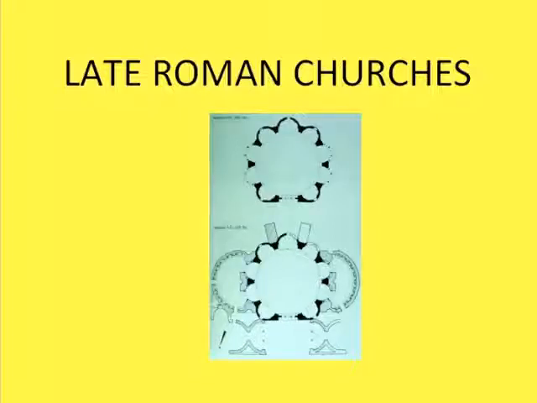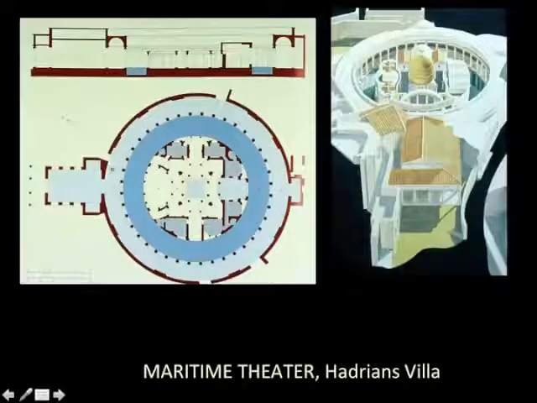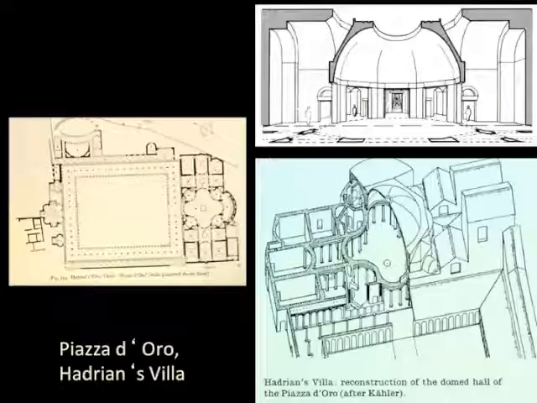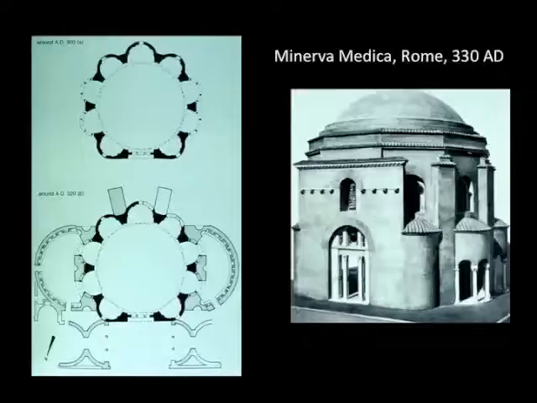And already when we looked at the Villa of Hadrian in Tivoli, we saw the simple types of temple or tholos becoming intricate, becoming implicated by interpenetrations of other volumes and other objects. And that certainly becomes the case as we move forward in the Roman Empire. This is the Church of Minerva Medica from 330 AD.